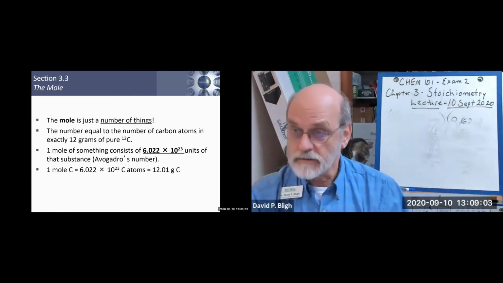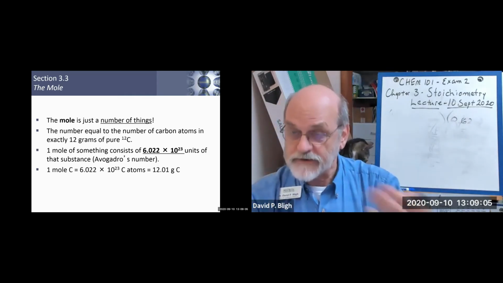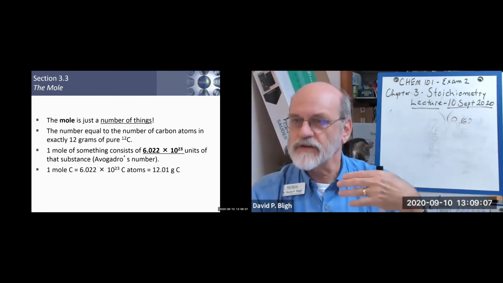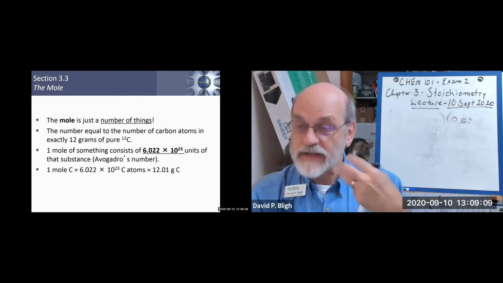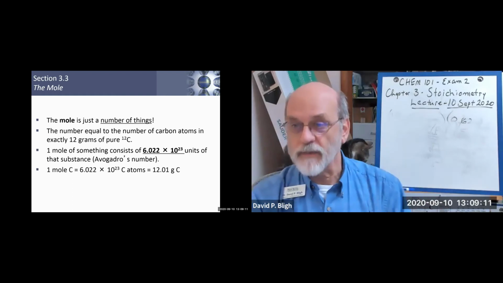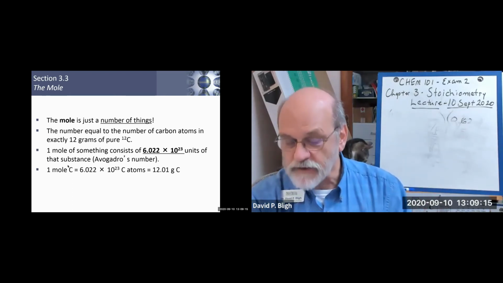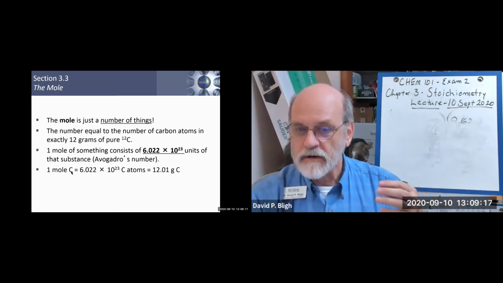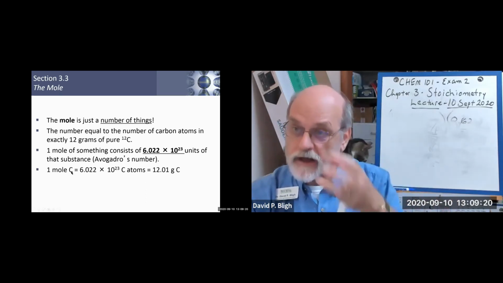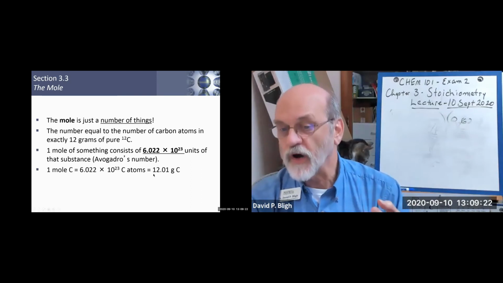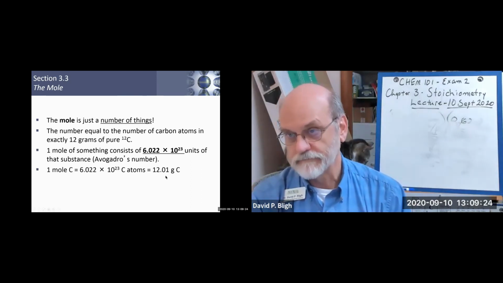But in nature, we know we have a mixture of isotopes. So how much does a naturally occurring mixture of carbon isotopes weigh if we have a mole of them? Well, as it turns out, a mole of naturally occurring carbon atoms weighs 12.01 grams. All right.